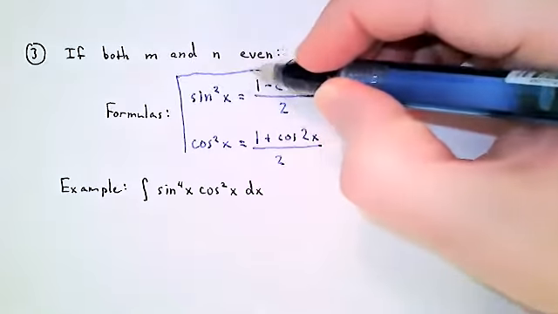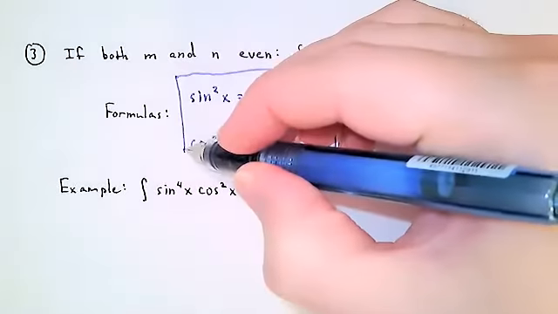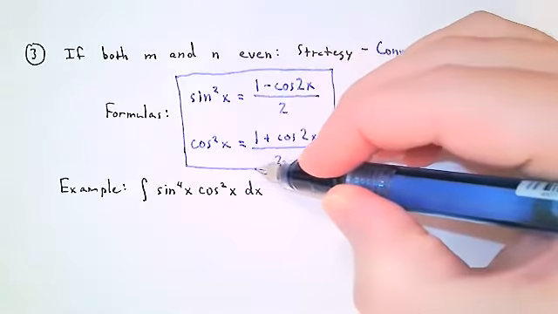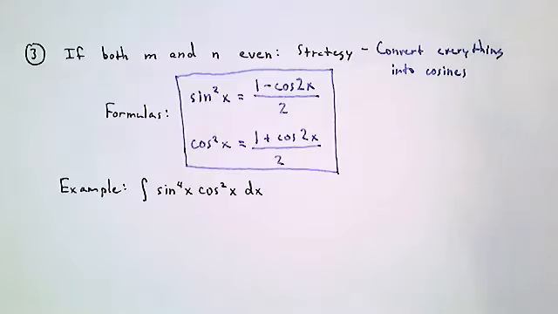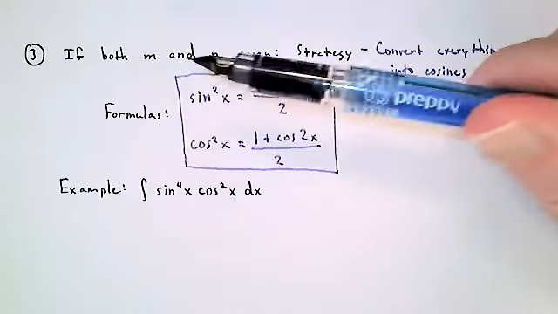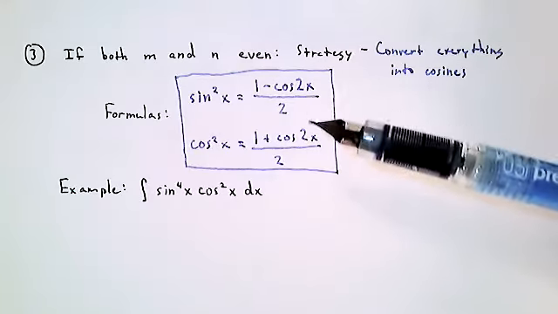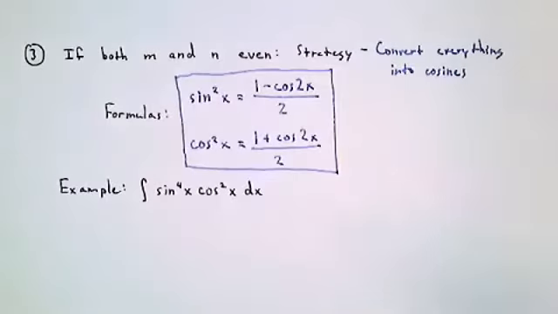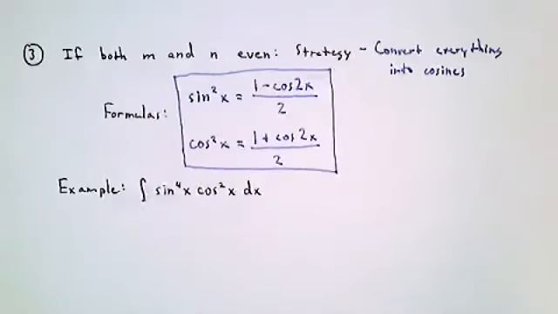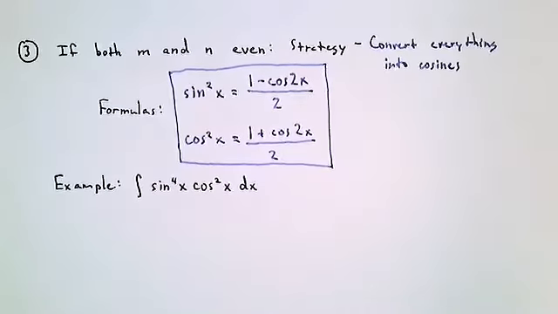So instead of the Pythagorean theorem, we'll need to use these other formulas from trigonometry. So using these two, we're going to be able to convert any even powers of sine and cosine into cosines, just cosines. And we'll see how that plays out in this next example.